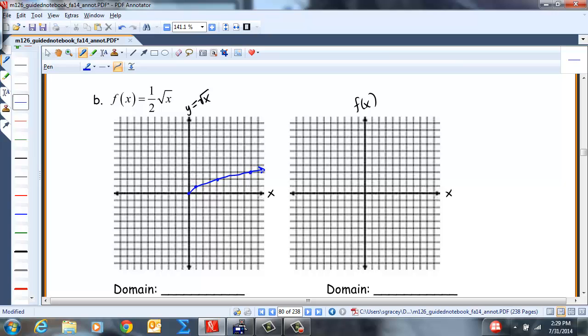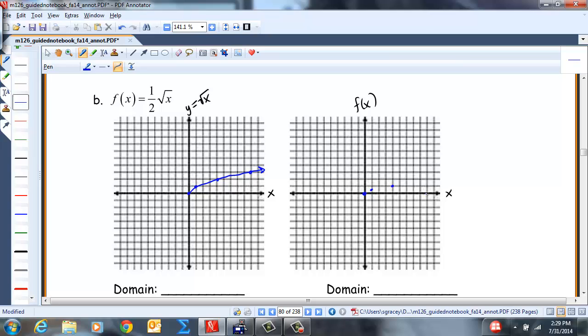So this is telling us to multiply each of your y values by 1/2. So my first one won't change. 0 times 1/2 is still 0. But this guy at 1, 1 will still have an input of 1, but it'll be at 1/2. And then 4, 2 will now be at 4, 1.